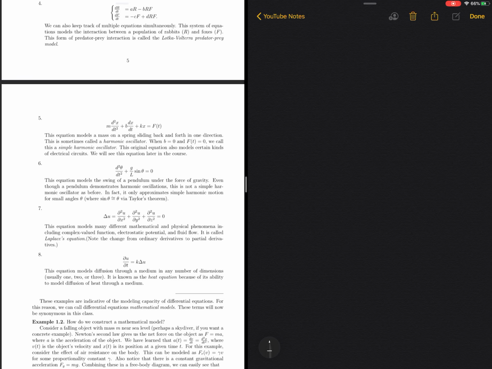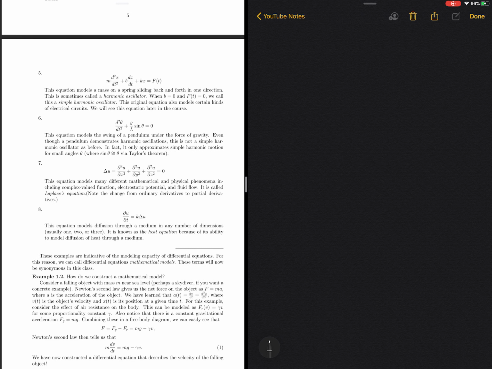Number 6 here is talking about another Newton's second law application. This would be the rigid-armed pendulum. And this is just called the pendulum equation. It is yet another differential equation, another equation that uses second derivatives.